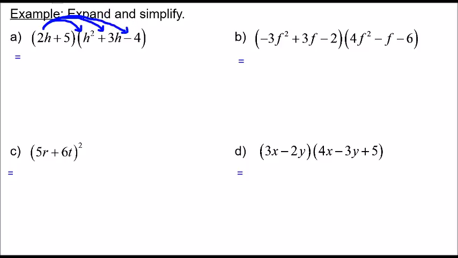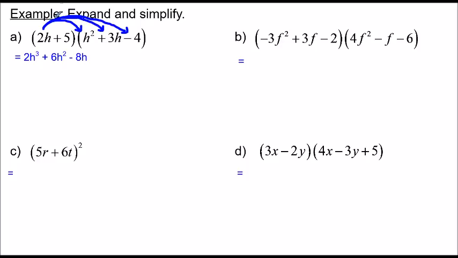When I do that portion, I'm going to get that 2h times h squared is 2h cubed, 2h times 3h is 6h squared, and 2h times negative 4 is negative 8h. Once I've done that, I'm going to do the same thing with the 5.